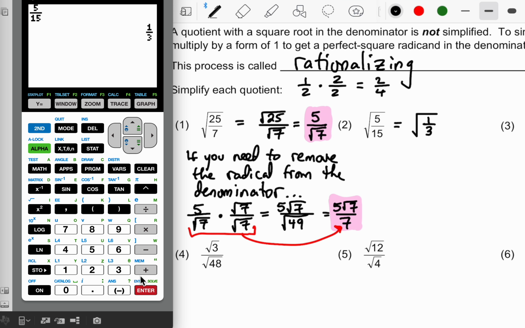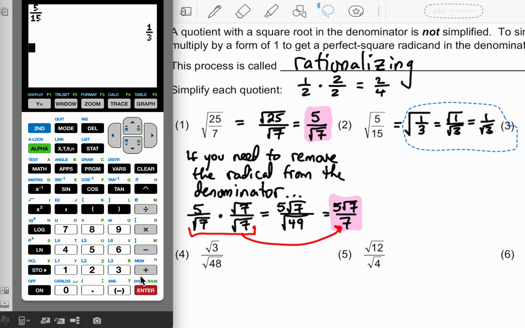So in doing this step, we're able to work with simpler numbers, knowing that a radical of a fraction is the same as the radical of the top over the radical of the bottom. This gets us to 1 over radical 3, which is a nice, simple-looking answer. But by the rules of people who don't know math, it's not simple enough.